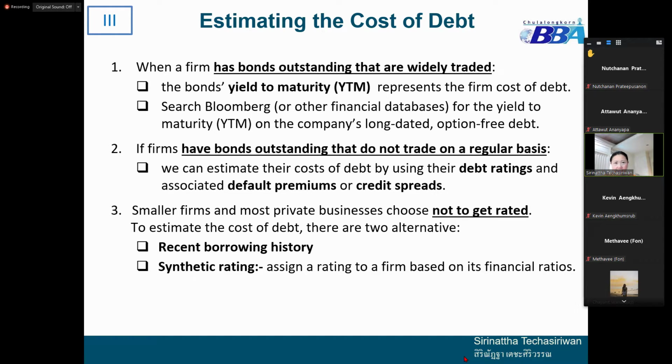Okay, but when time passed, let's say 3 years later, the risk of the triple B rated company becomes lower, and inflation is lower. So investors will not require 6% anymore because of the lower risk, right?